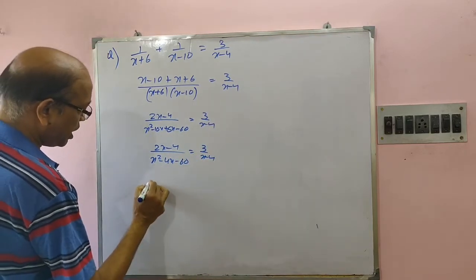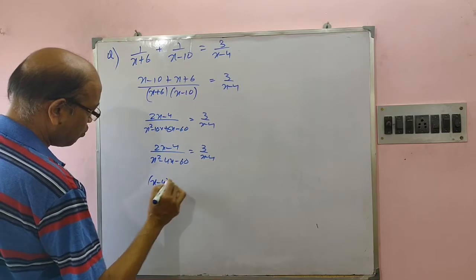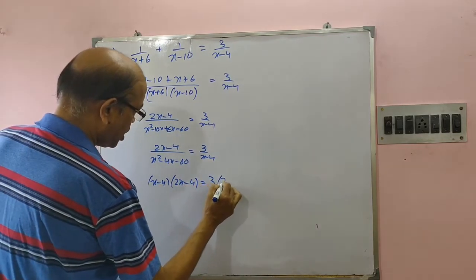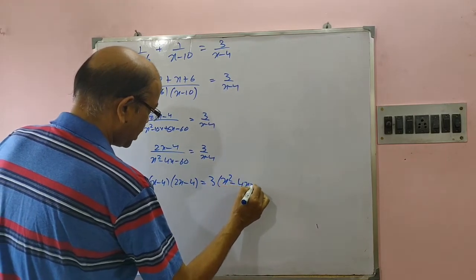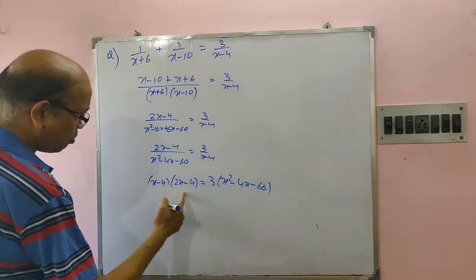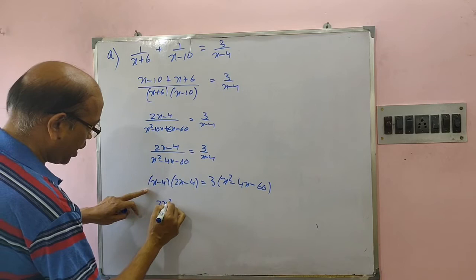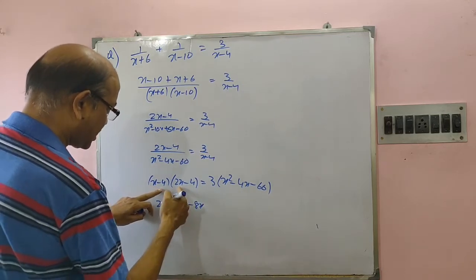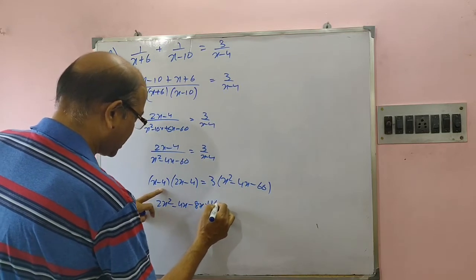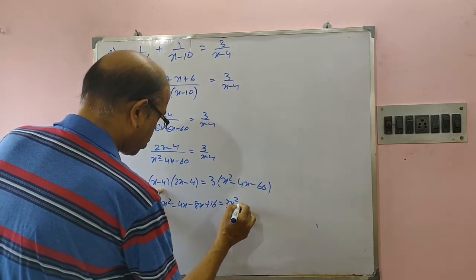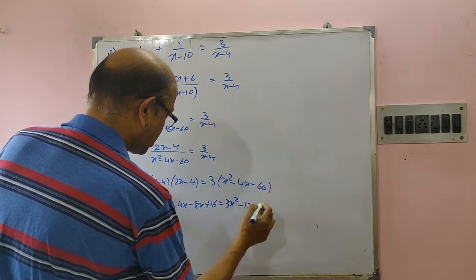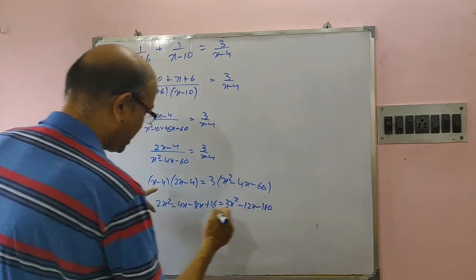Now cross multiply, so I get (x minus 4) into (2x minus 4) is equal to 3 times (x square minus 4x minus 60). Multiplying this, I get 2x square minus 4x minus 8x plus 16 is equal to 3x square minus 12x minus 6 3s are 180, minus 180.